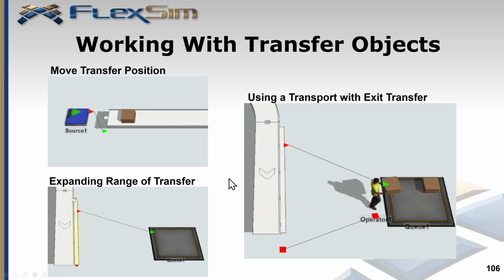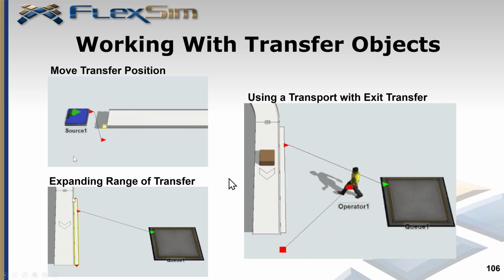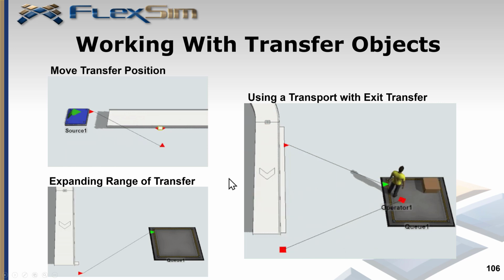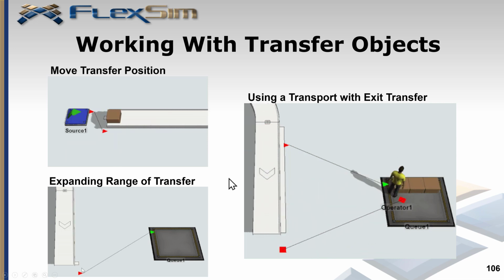Task executors can pick up items from a particular point on the conveyor or a range of possible points along the conveyor. That requires some physics going on behind the scenes to calculate the speed or the point where the pickup will occur based on the speed of the flow item and the operator.